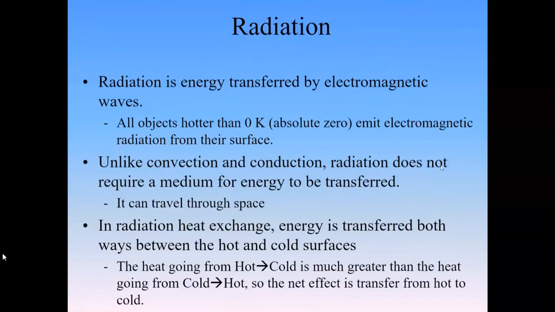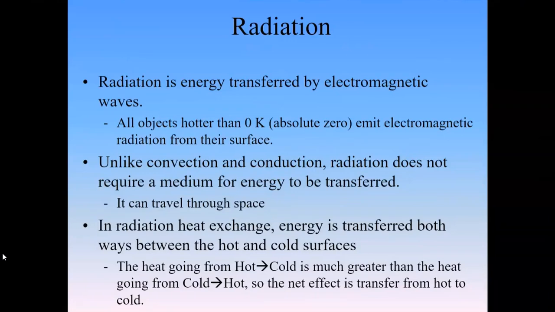Okay, we have one final form of heat exchange, radiation. Okay, and radiation is like light is a form of radiation. And so what we have is a means where energy can move from surface to surface through electromagnetic waves. And so, as I said, light is a common one where the sun transmits heat to the earth.